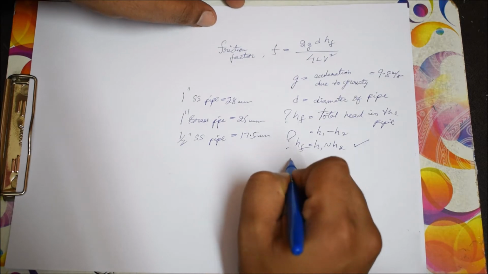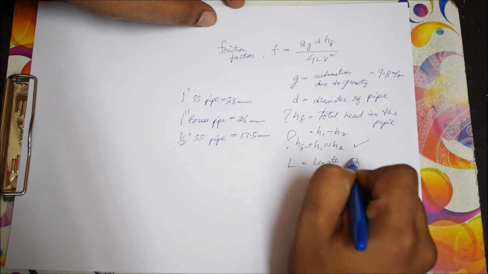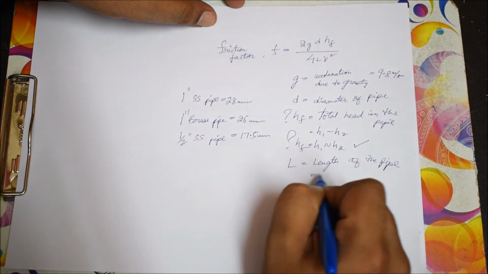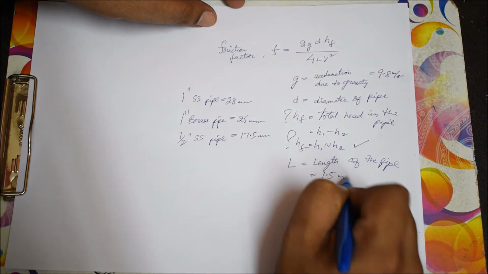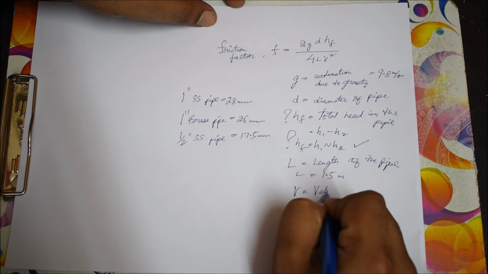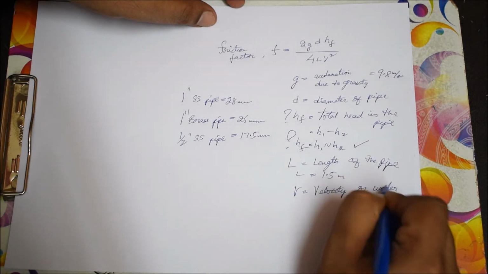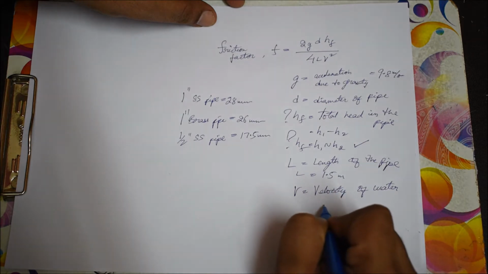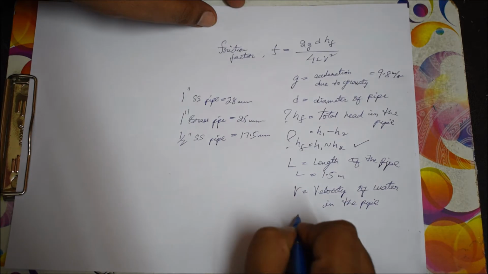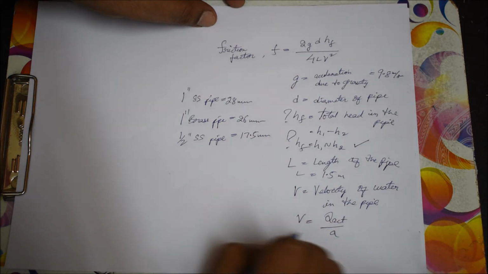So L is nothing but length of the pipe. We already know that it is equal to 1.5 meters. V is velocity of water in the pipe. So it is given as Q actual divided by A.